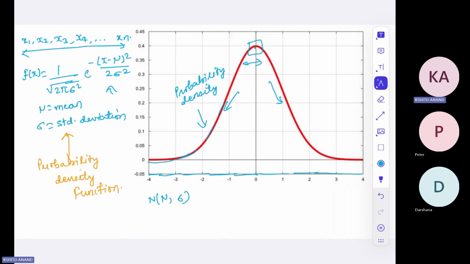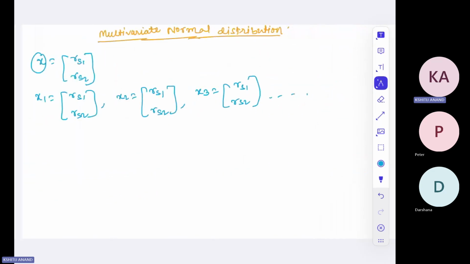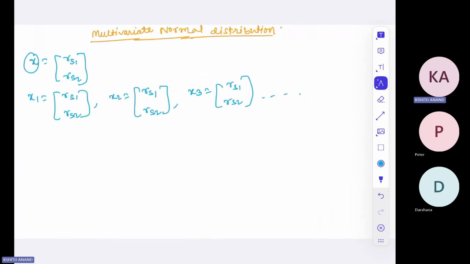Initially your X was just one value, X1, X2. But now your X is a matrix. So you will have your own mean for the first stock, and another mean for the other stock. So now we write mu as the mean matrix: the mean return of the first stock and the mean return of the second stock.